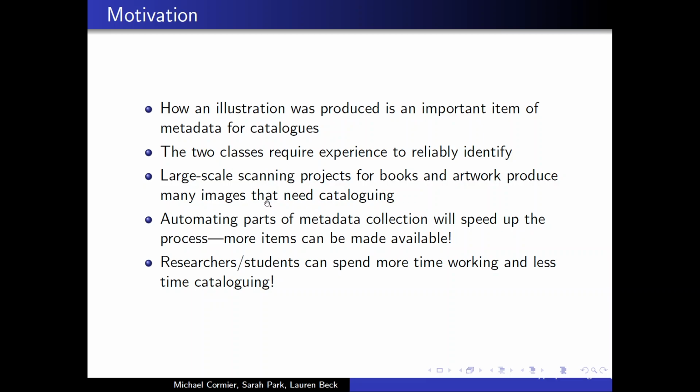And with large-scale scanning projects for books and artwork, producing many images that need cataloging, automating aspects of metadata collection, like this distinction between woodcut and copperplate engraving, will speed up the process, allowing more items to be made available and freeing up time for researchers and students for more creative and more engaging research projects than just distinguishing a bunch of illustrations according to how they were produced.